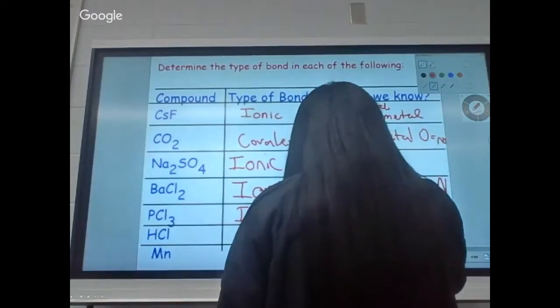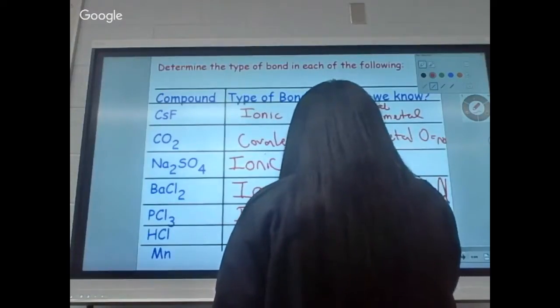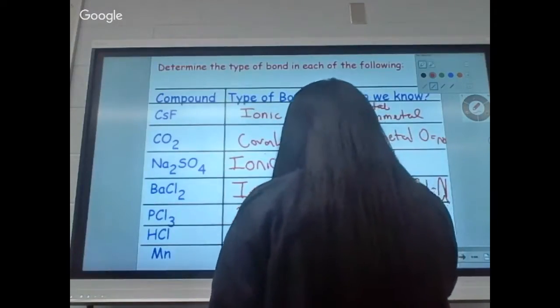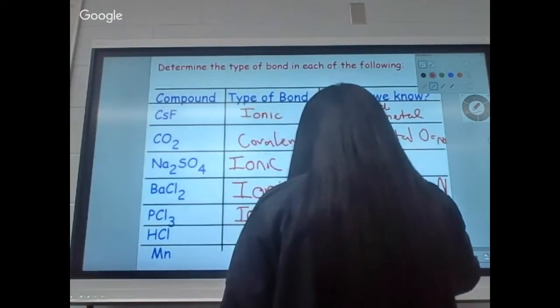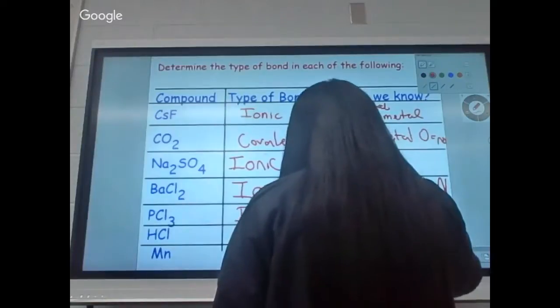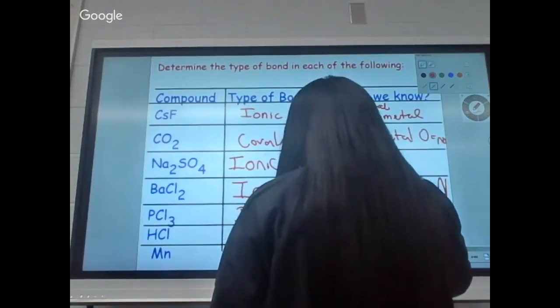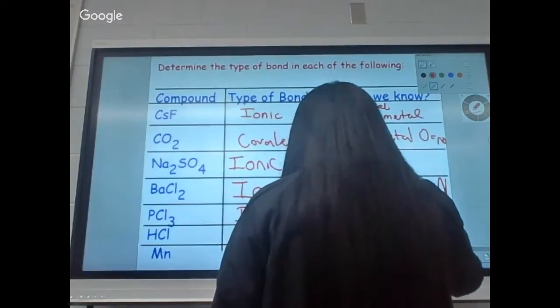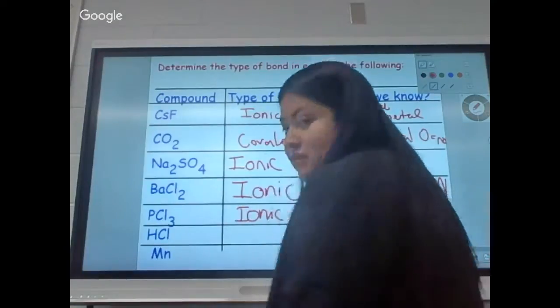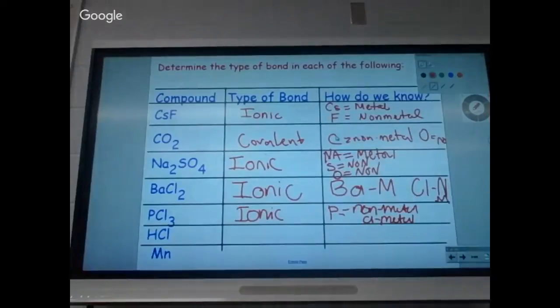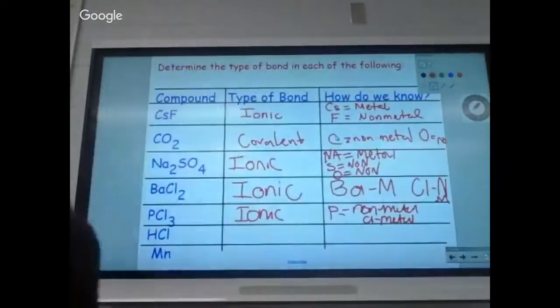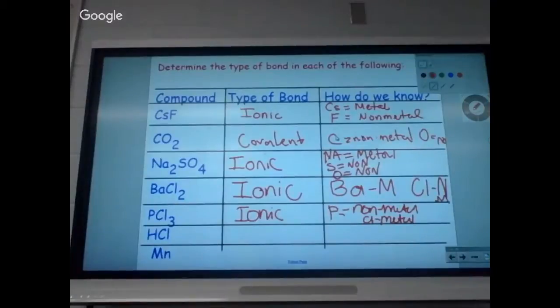And Lucia, why are you erasing that? Put that back where you had it. Yeah, non-metal. Chlorine is a what? Look at that periodic table again. What's chlorine? Number 17.